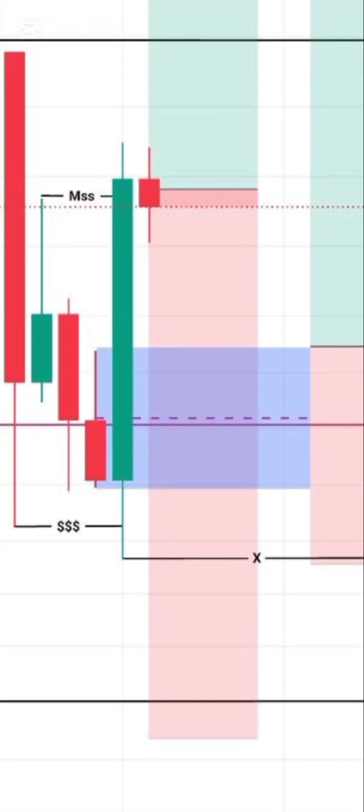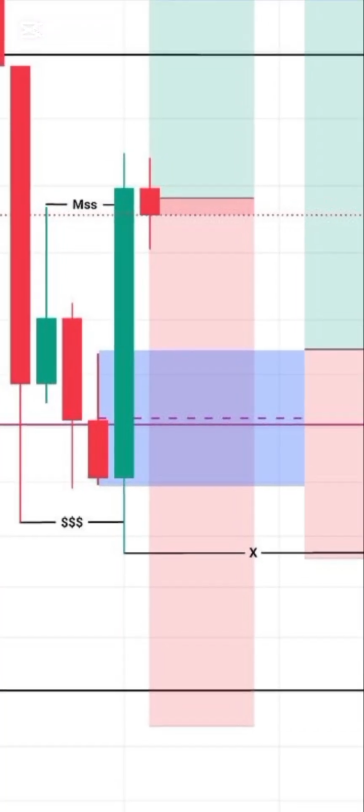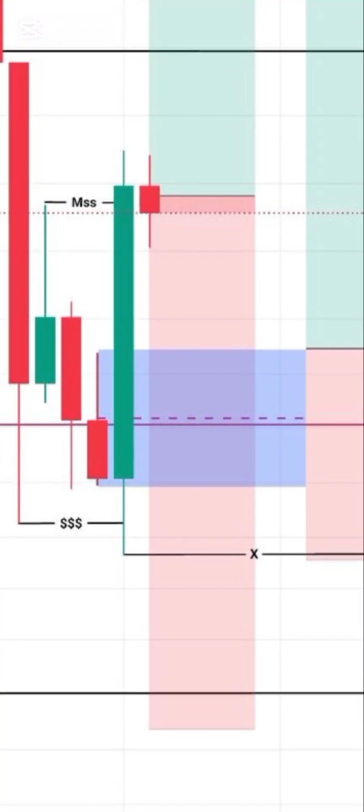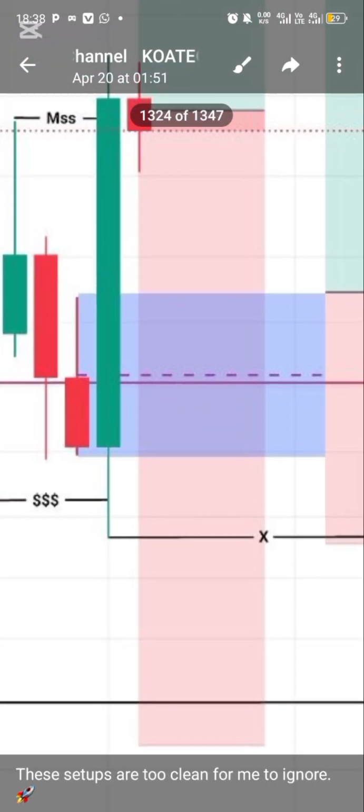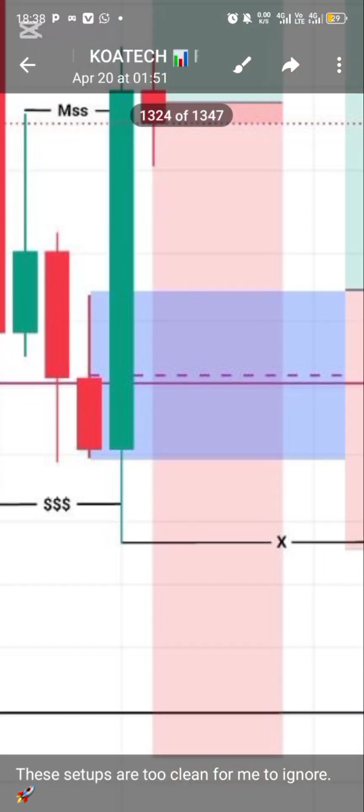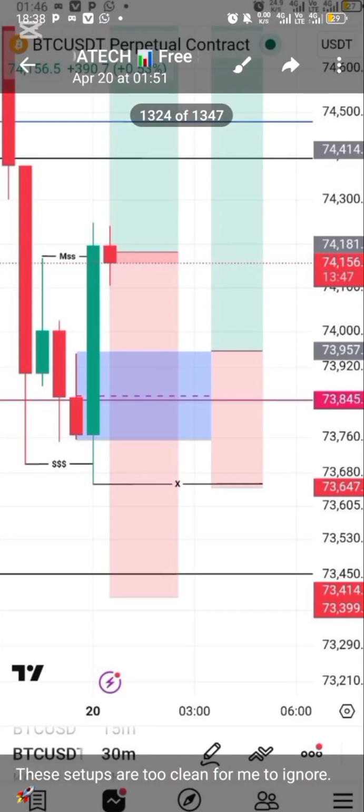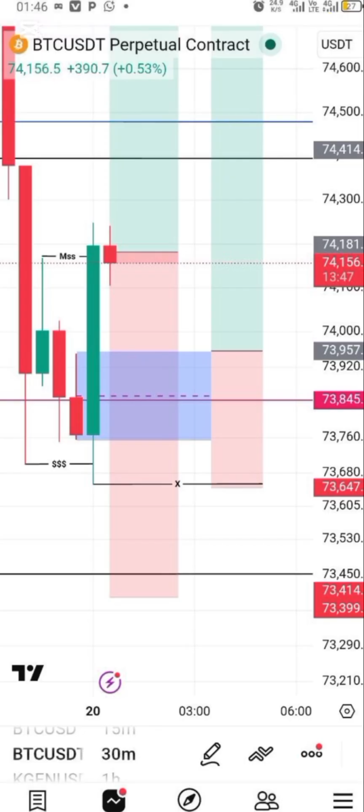Now guys, this happened, and if I did not take this trade from here, I would have missed out, and missing out will leave this OB unmitigated, which means if price should come back here again, I am still going to take a buy from here. All right, because this is a valid OB that has not been mitigated.